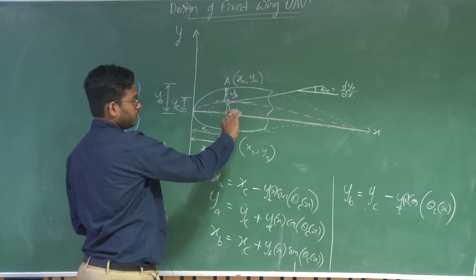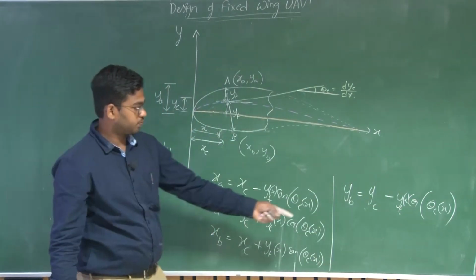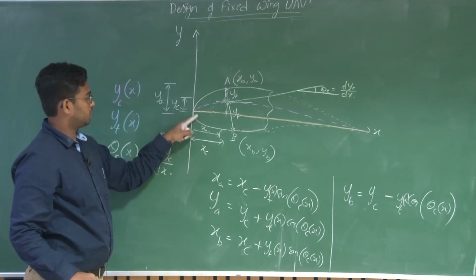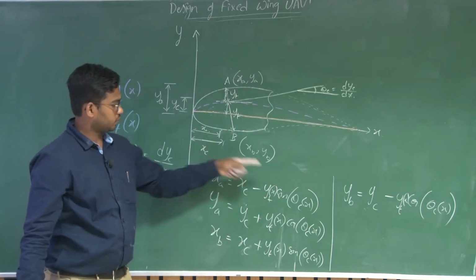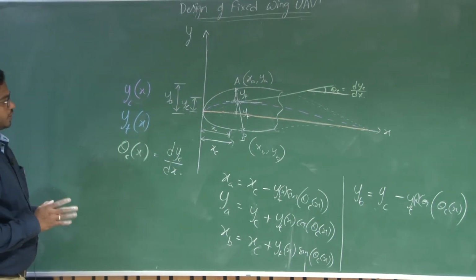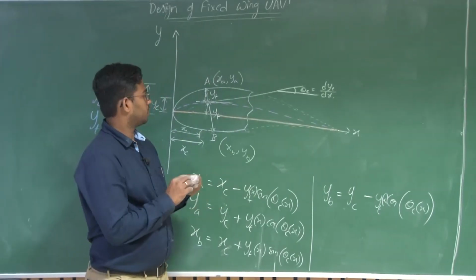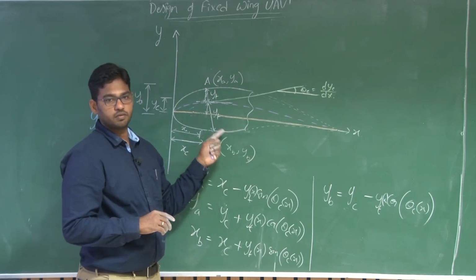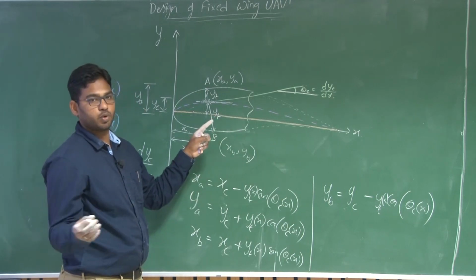If I want to know this length with respect to this chord, then I have to subtract here, so this becomes a negative quantity. That's why you have a negative y-axis here. Assuming the chord line is your x-axis, you will get the negative y coordinate there. So you have xa, ya and xb, yb. At each and every point you can find the corresponding upper and lower surface coordinates for a given point on the chord.